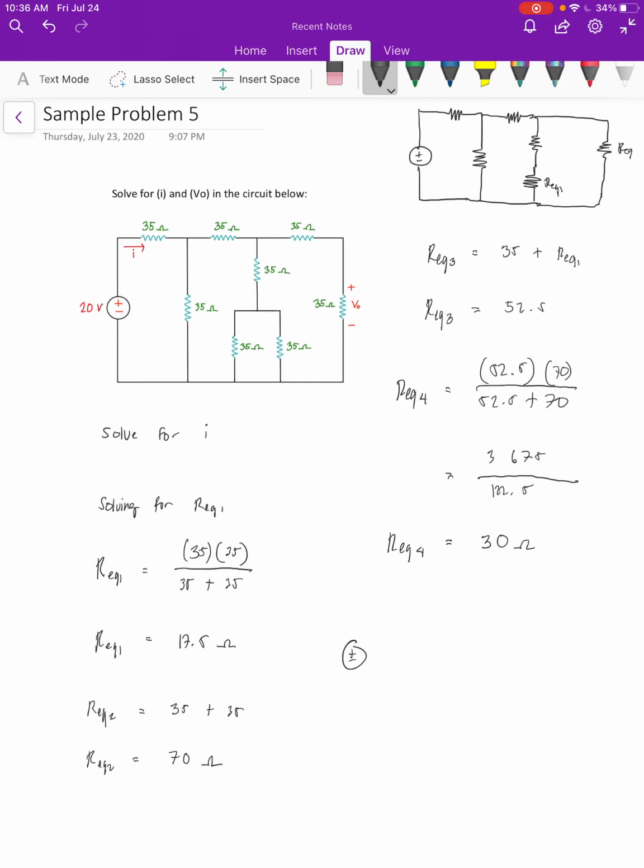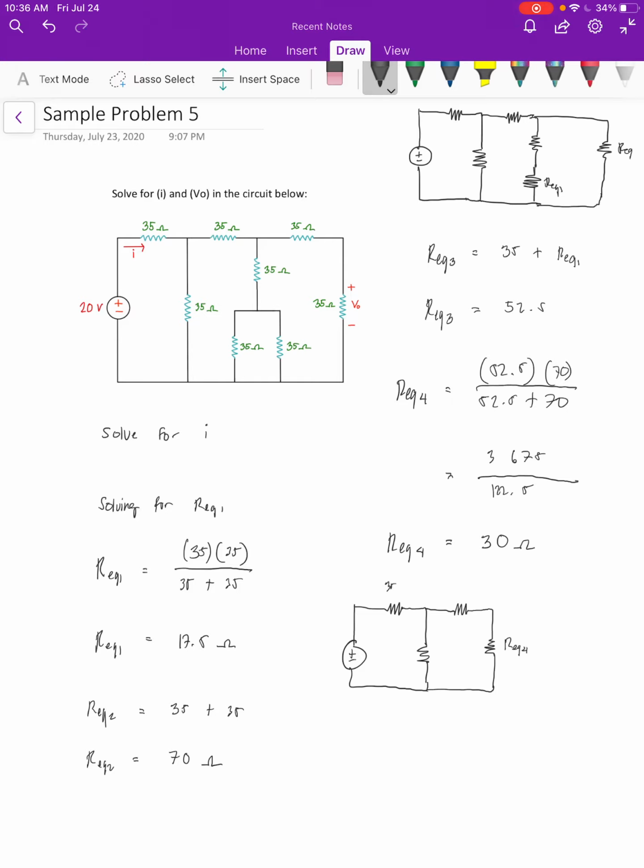We have this voltage source, we have this resistor on top, then we have this resistor adjacent to the voltage source, and then we have this another 35 ohm resistor, and the last resistor that we have would be REQ4.